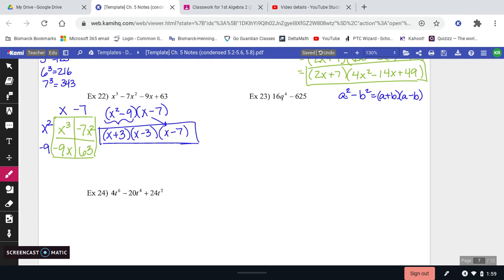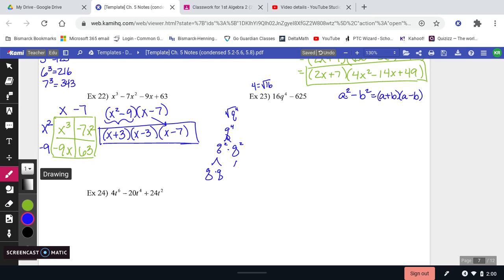Okay, here's a couple of things to check. Square root of 16 is 4. Okay, 16 is a perfect square. Now think about q to the fourth. If you try to square root q to the fourth, think about what we did with our factor tree. Q to the fourth is a q squared times a q squared, and each of these q squareds is a q times a q.